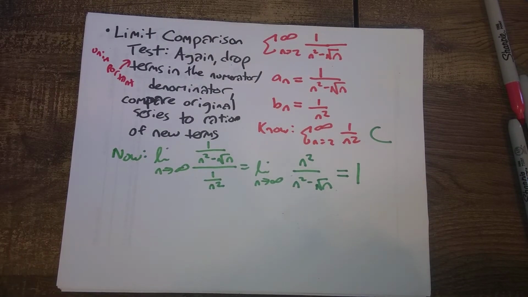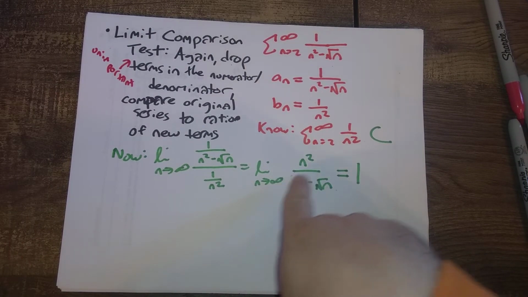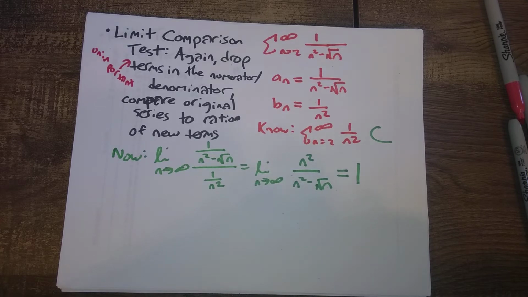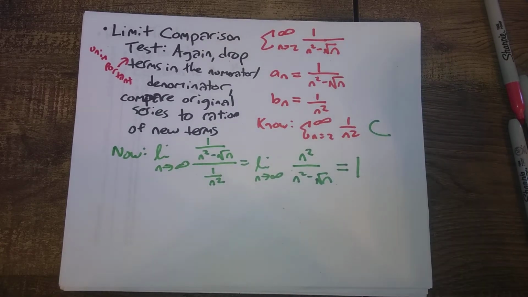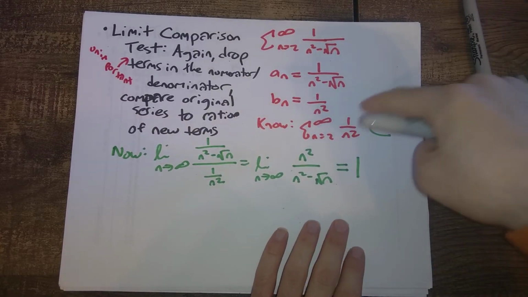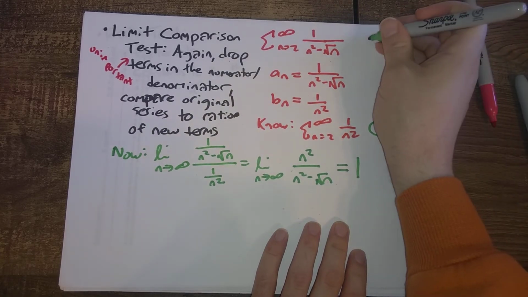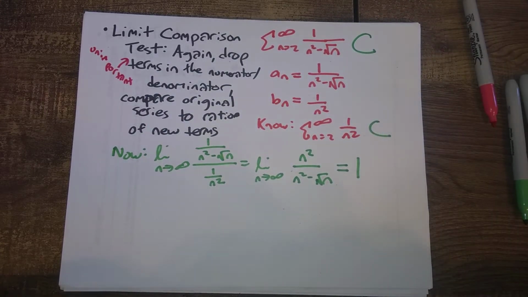Okay, so because this limit is equal to 1, it's a positive number, it's bigger than 0, and it's not infinity, by the limit comparison test we conclude that this series and this series have the same behavior. So the series that we care about is also going to converge.